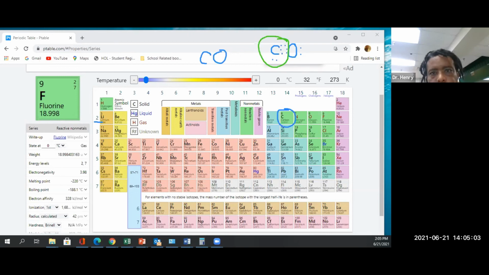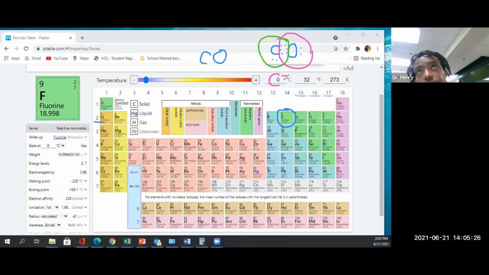Okay, how many do we have around oxygen? 8. So we also have 8. If we look at the purple, or the pink, whatever you want to call it, 2, 4, 6, 8. So that would obey the octet rule. Both have to have 8 around them. So we could draw this structure like this.